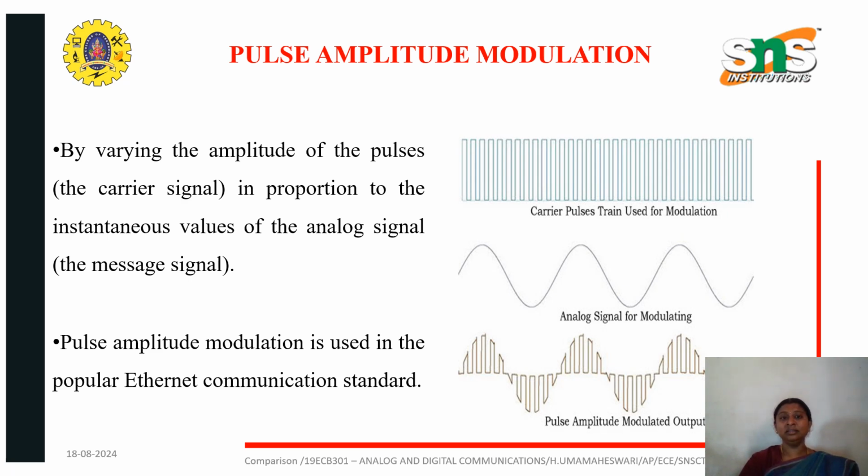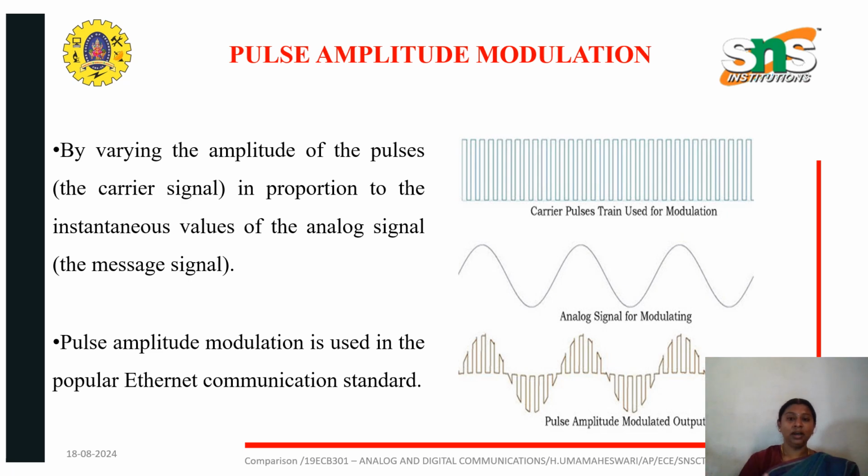Here, the amplitude of the pulses is varied in proportion to the instantaneous value of the analog signal, that is, the amplitude of the carrier pulses varies in accordance with the message signal. Pulse amplitude modulation is used in a popular Ethernet communication standard.